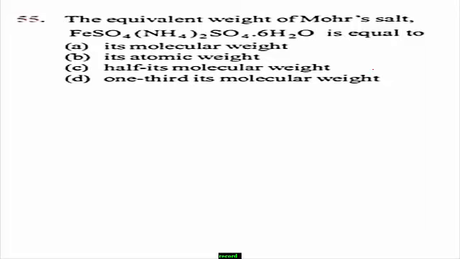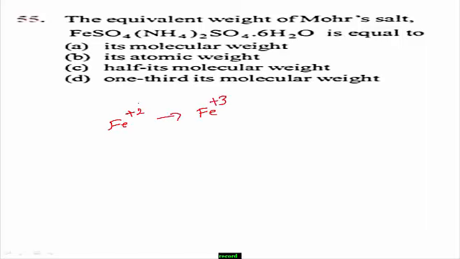Students, the equivalent weight of Mohr's salt, FeSO4, (NH4)2SO4, 6H2O. Right, this is the question. In Mohr's salt the oxidation state of Fe changes from 2 plus to 3 plus, which involves only one electron change. See here, Fe plus 2 changes to Fe plus 3.